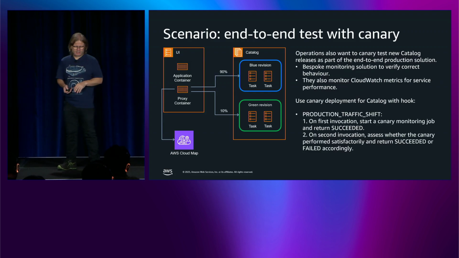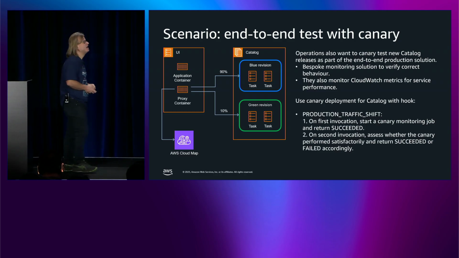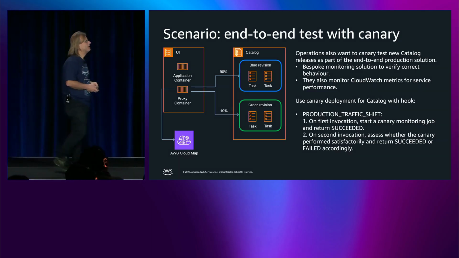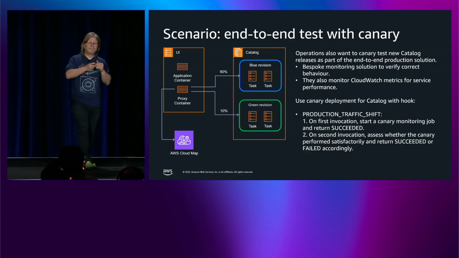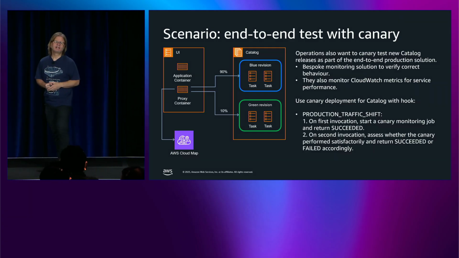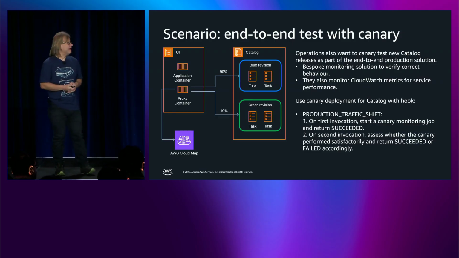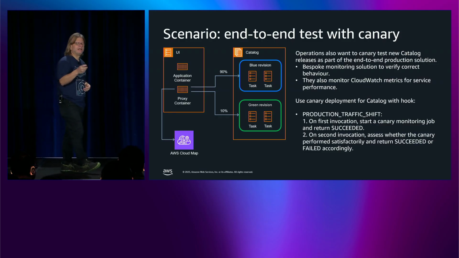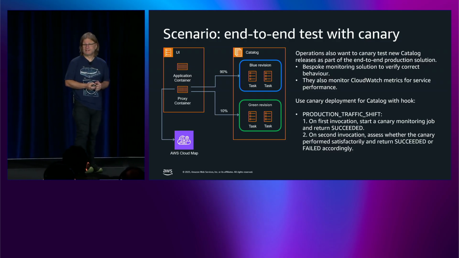But even when going into production traffic shift, they wanted to use the canary to do some additional testing before allowing the full shift of production traffic into the new environment. So here, if you remember, I mentioned earlier that with Canary, the production traffic shift hook would get invoked twice.